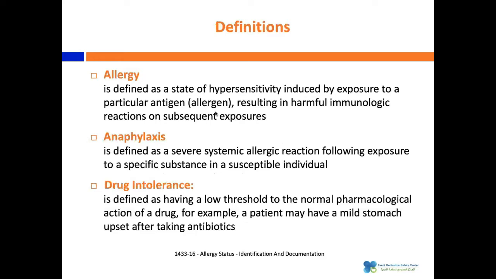For example, with azithromycin, sometimes they give it as one capsule once daily for 6 days. Some take it as 2 capsules once daily for 3 days. Some people, when they take 2, cannot tolerate the drug, okay? They will start to have GI problems. So this is the drug intolerance.